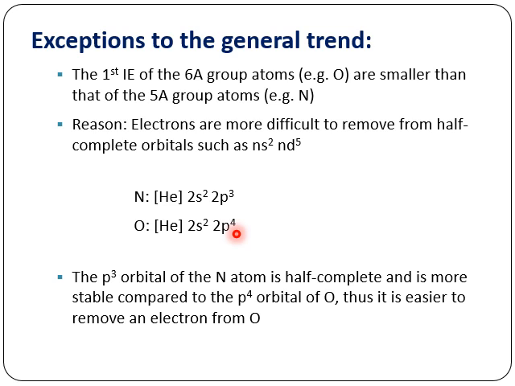For example, nitrogen is much more difficult because it has 2p3, where each orbital has only one electron, which is stable. For oxygen, 2p4, we have one extra electron that is paired, and the rest are unpaired. So it is easier to remove an electron from oxygen compared to nitrogen. That's why the ionization energy of oxygen is smaller than nitrogen.